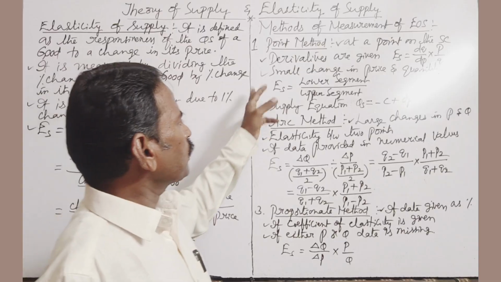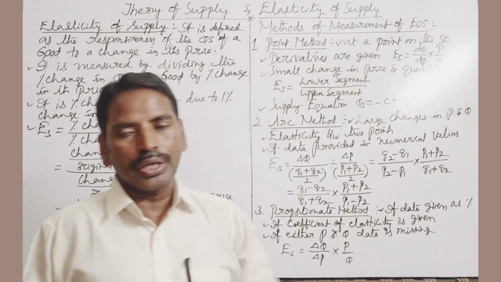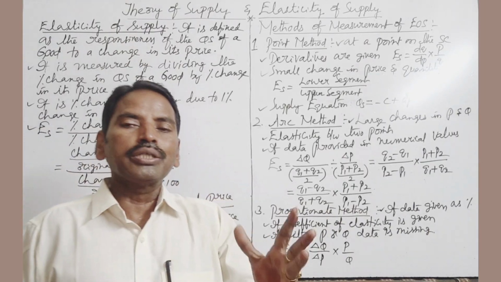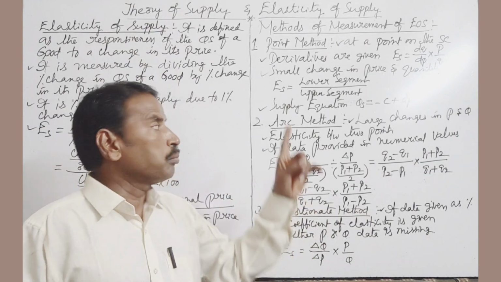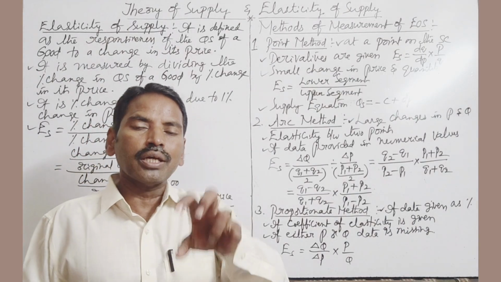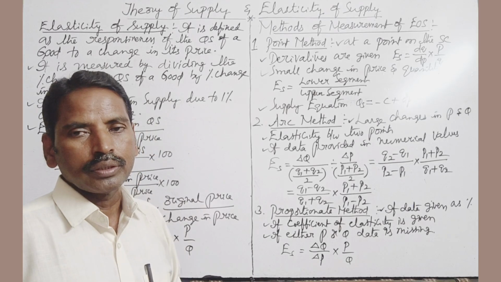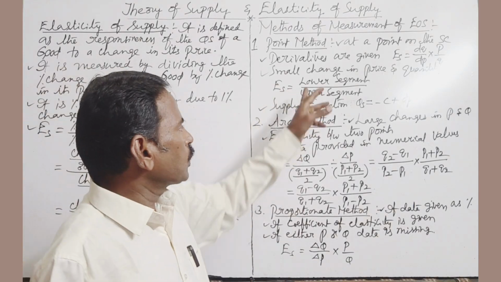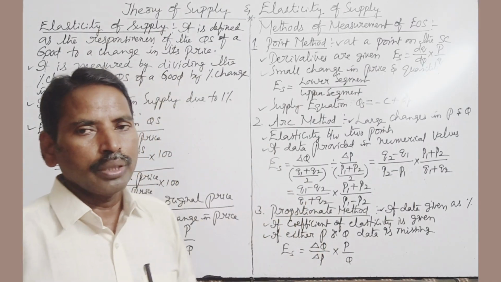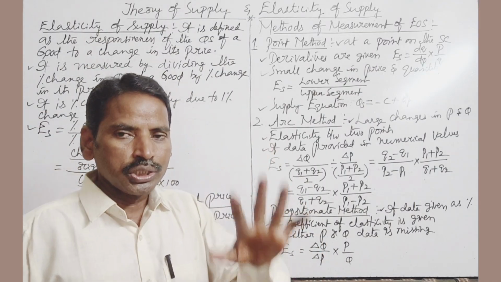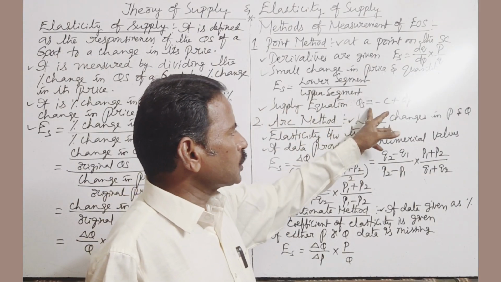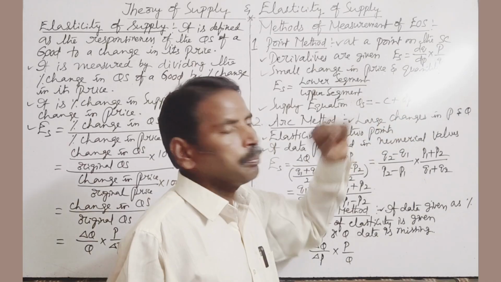Next, third one. When there is a small change in the price and quantity, to measure price elasticity of supply, point method is applied. So what is the formula to calculate price elasticity of supply through point method? So ES is equal to lower segment by upper segment. To calculate price elasticity of supply, the supply equation is QS is equal to minus C plus DP.